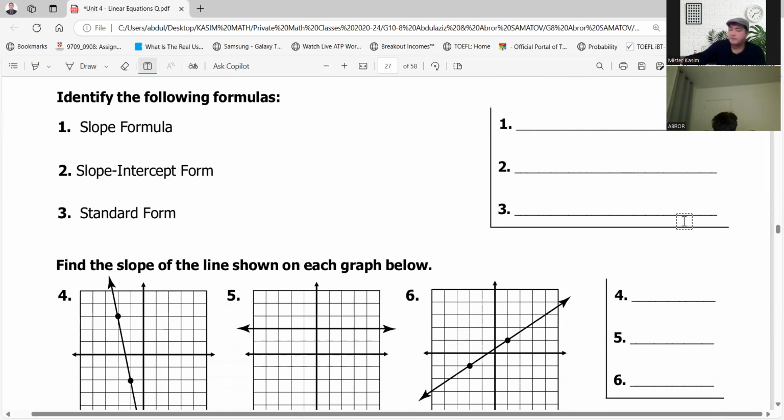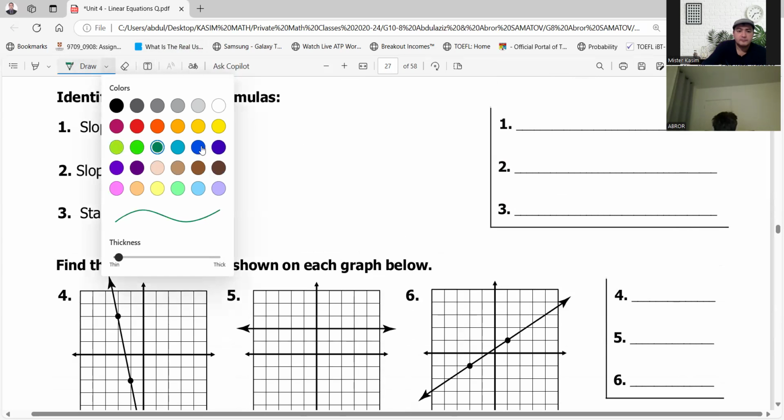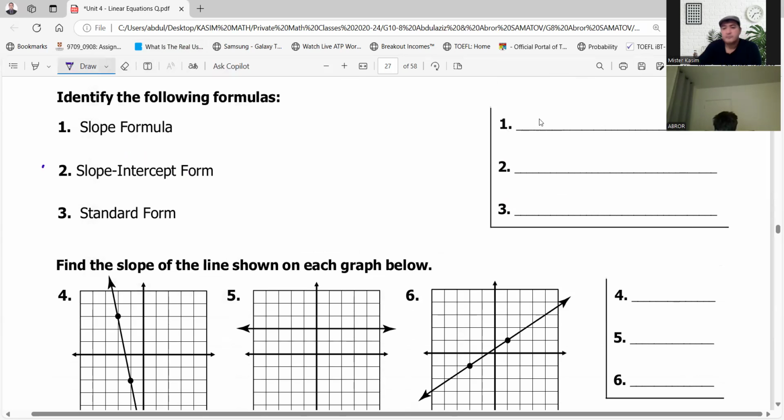What is the slope formula, bro? m equals y2 minus y1 over x2 minus x1, right?